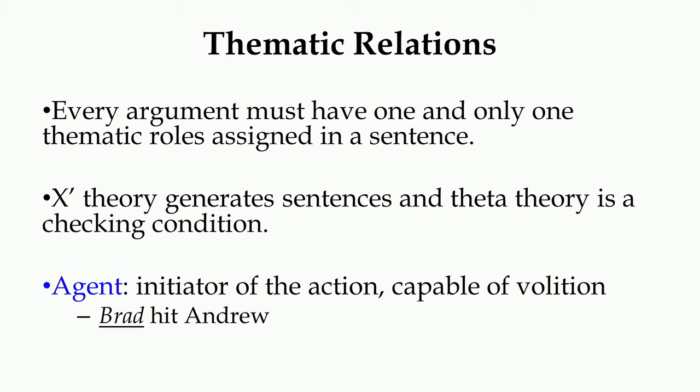Brad hit Andrew. Grammatically speaking, Brad is the subject and hit Andrew is the predicate. Hit is the verb within the predicate, and this being a transitive verb, Andrew is the object of this verb. There is an agreement between the two.